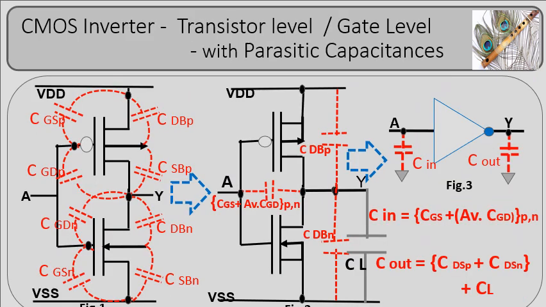Parasitic capacitances in MOSFETs originate from the gate, drain, source, and interconnects. The key capacitances affecting CMOS inverter performance are gate-to-source/drain and body-to-source/drain capacitances. Figure 1 shows the inverter with all MOSFET parasitics. Normally FETs are used with the body connected to the source terminal and hence CBS can be ignored.